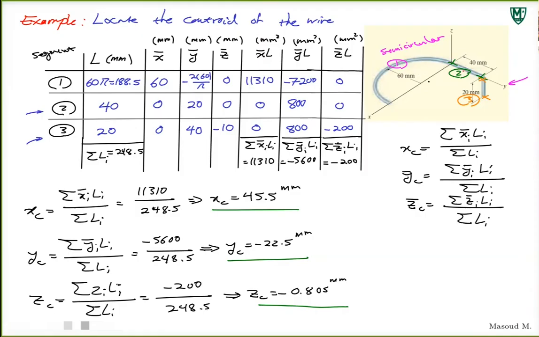So it's somewhere maybe there. Maybe it should be more towards y because y is minus. So it's somewhere there. I'm not sure if I drew it to scale, but this is the coordinate: xc, yc, zc.